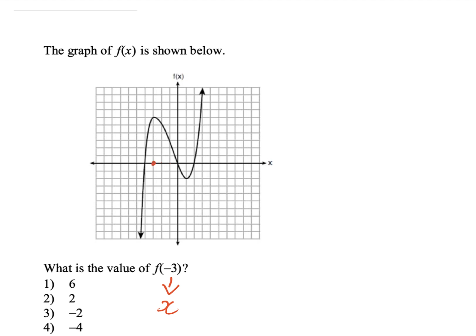I need to touch the graph, so I have to go up. I'm touching the graph right here. I have to find the corresponding y value, which is over here. If I go back to the origin and count, 1, 2, 3, 4, 5, 6. So when x is -3, y is 6.